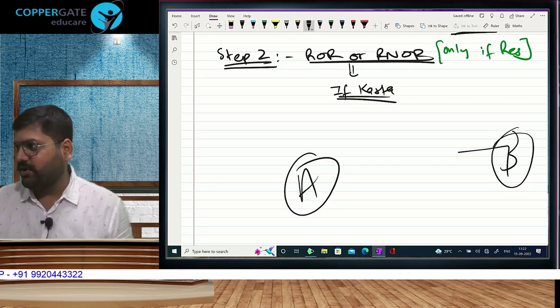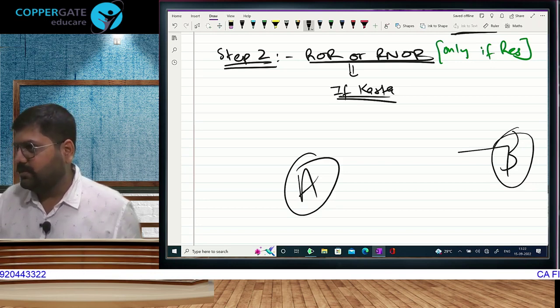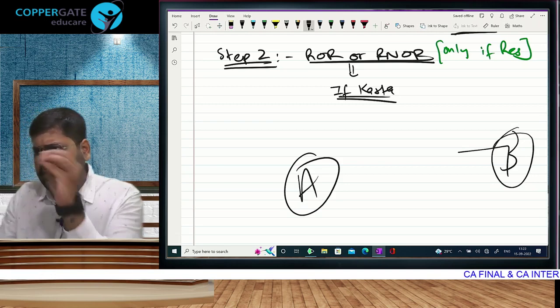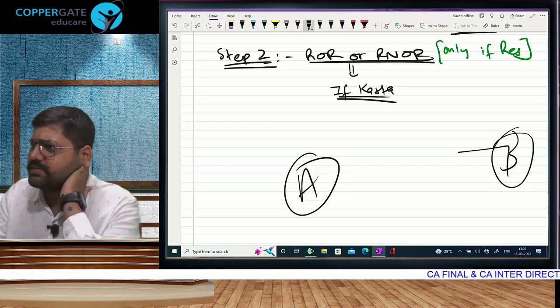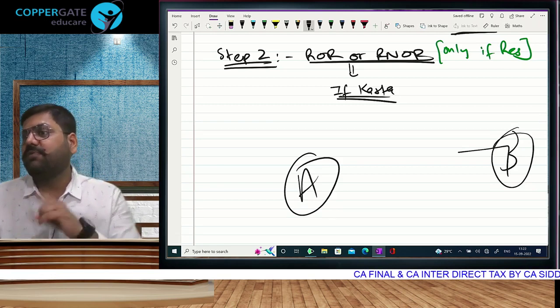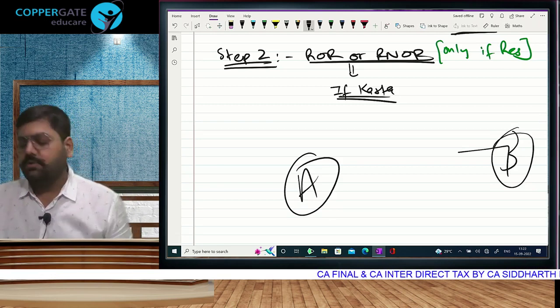You earn income, we check your residential status, and you pay tax. Whoever is earning income, we check that person's residential status, and that person's tax. But here, we want to decide for HUF, but we will go and examine the facts of karta.